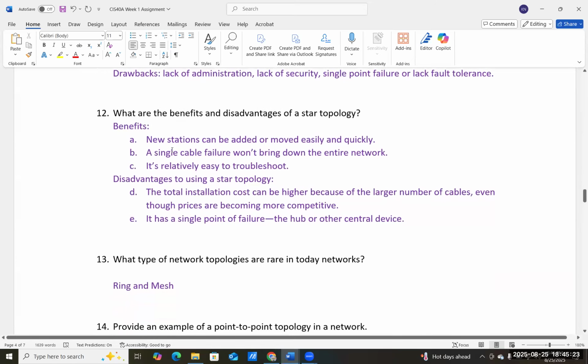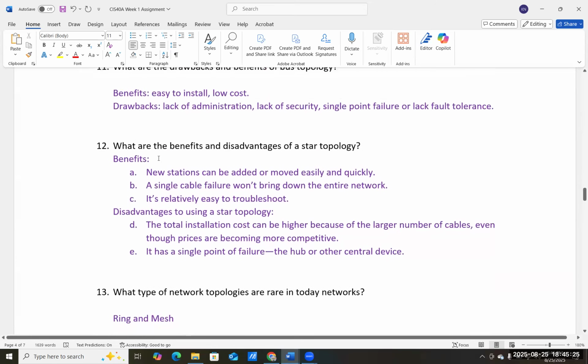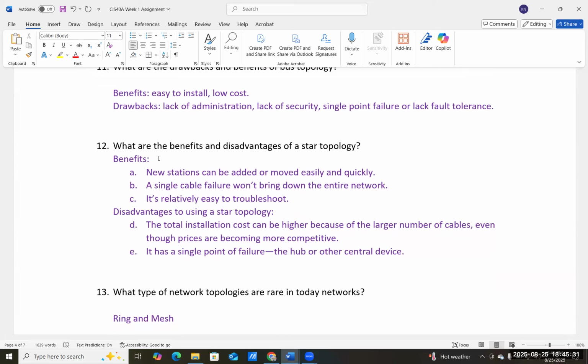So, sorry, did I cut off someone? 13. What's the type of network topology that's rare today? So a ring. A ring is just a circular bus. If I send from system 1, I would reconnect the ending system back to system 1. I think the cost on the ring is more.